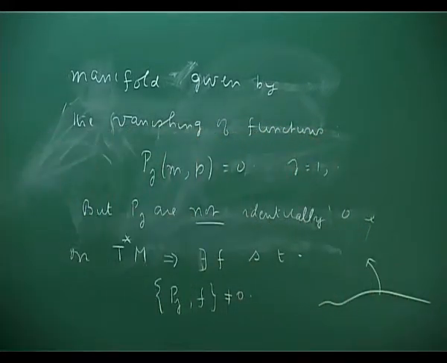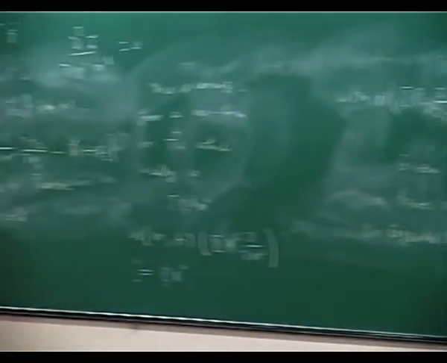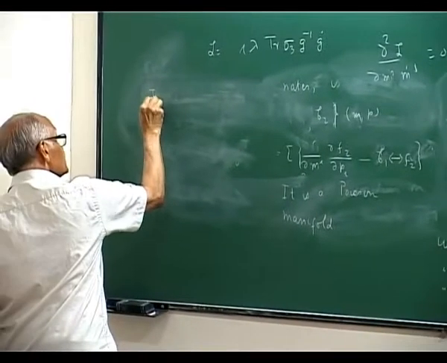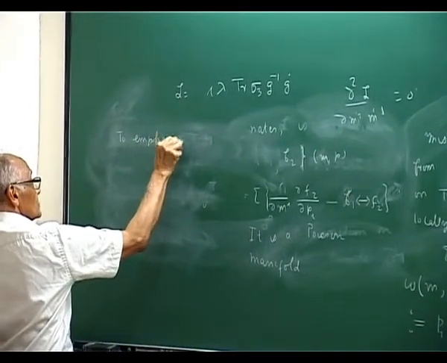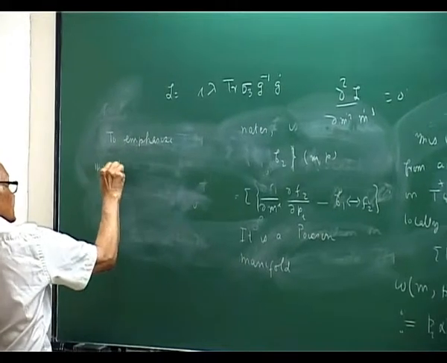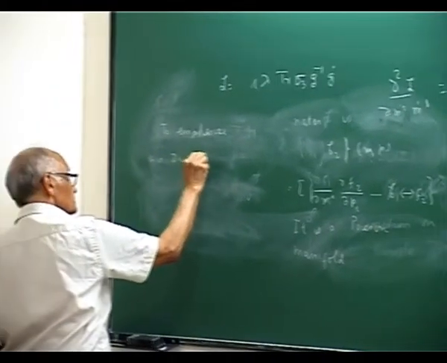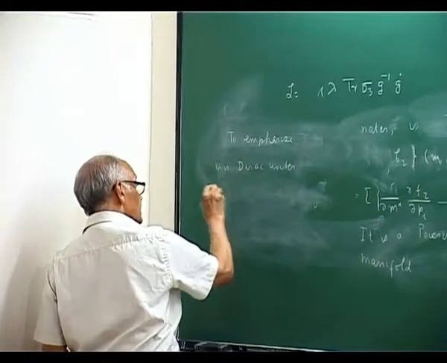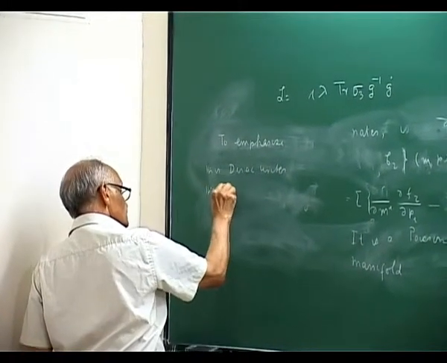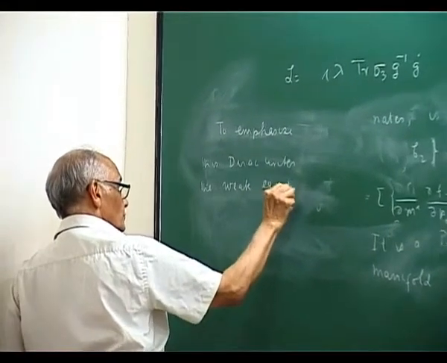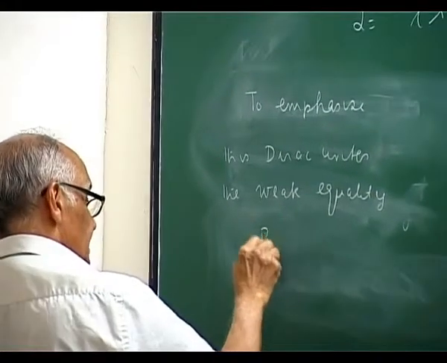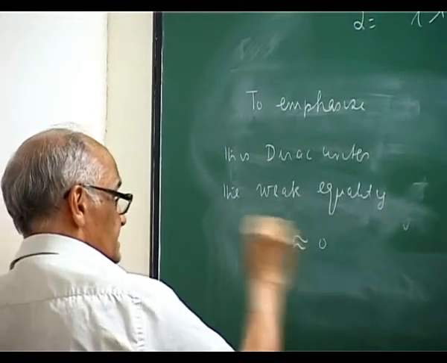So to emphasize this, Dirac writes the weak equality, Pj is like this.